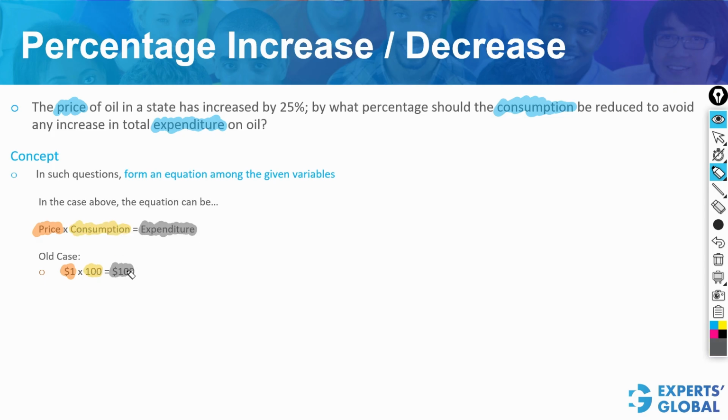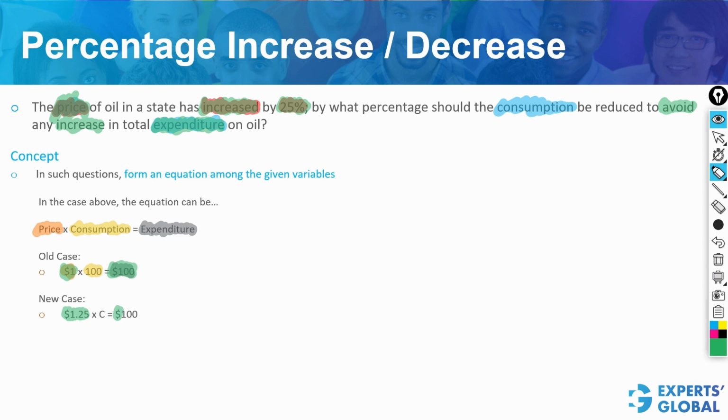to be $100. Now there has been an increase in price of 25%. Therefore, after the price increase, the equation becomes this. The price, which was $1, now becomes $1.25 because of this 25% increase. The question says that the expenditure remained the same because any increase is to be avoided. So the consumption was 100 earlier.